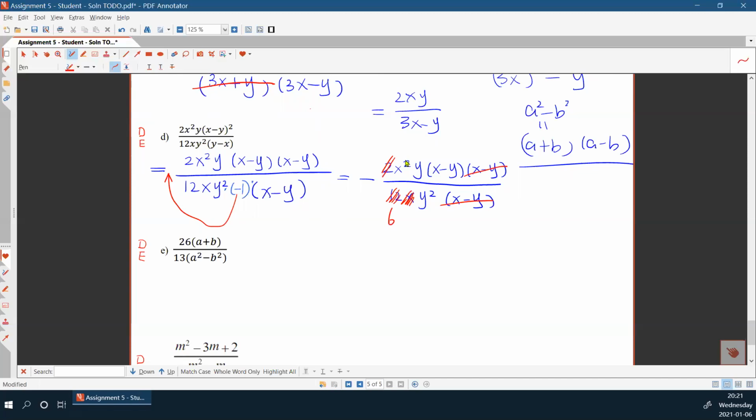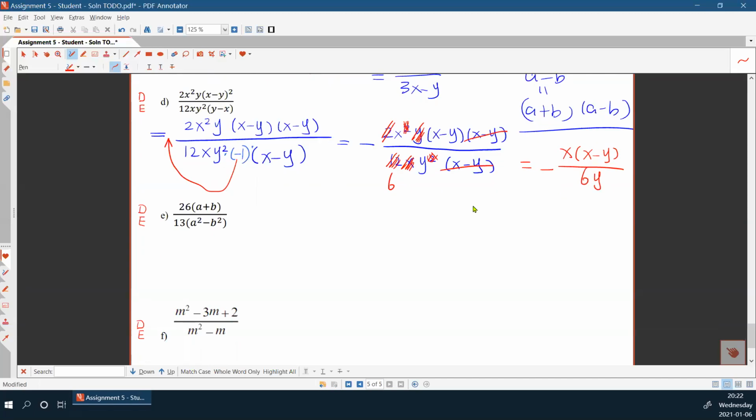Cancel x here, which leaves us an x. Cancel a y here, which leaves us a y. So the final result is minus x times x minus y over 6y. This is already the simplest form.